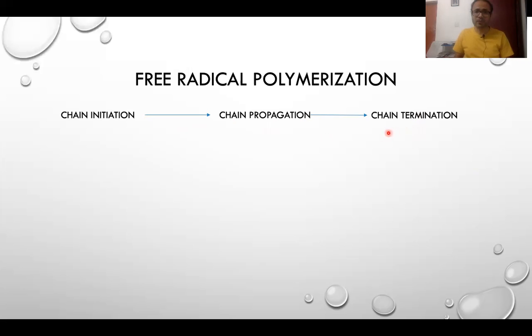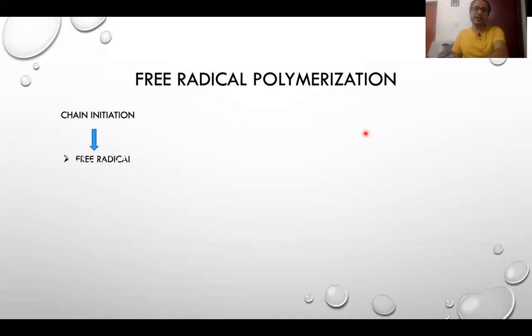But we are going to look into more discrete and more comprehensive points connected with each of these processes. Coming to the chain initiation, it can happen via a free radical pathway, or a cationic pathway, or an anionic pathway.